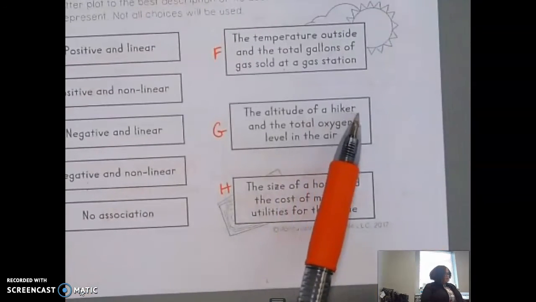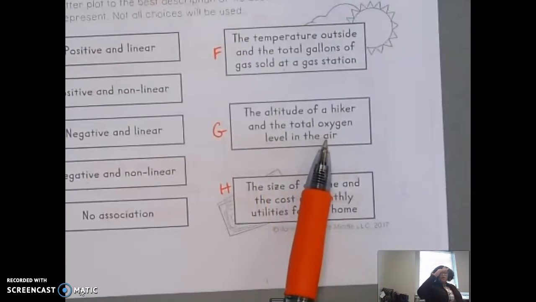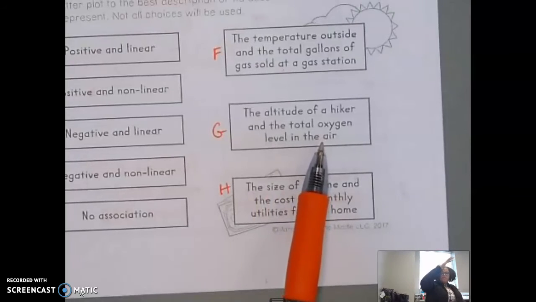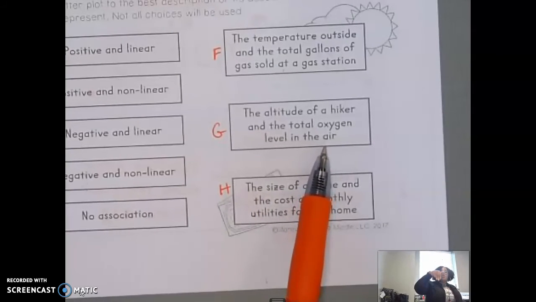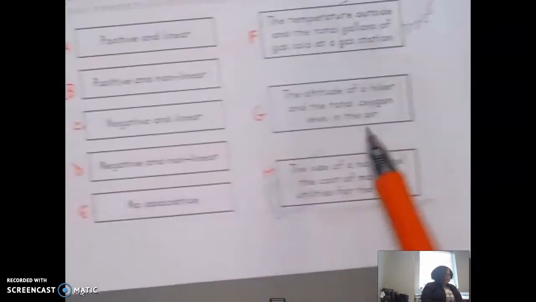Letter G, the altitude of a hiker and the total oxygen level in the air. As you go up and you're hiking or climbing a mountain, the amount of oxygen in the air decreases, but the altitude is increasing for that hiker. So these have a negative association because as one is going up, the other is going down.